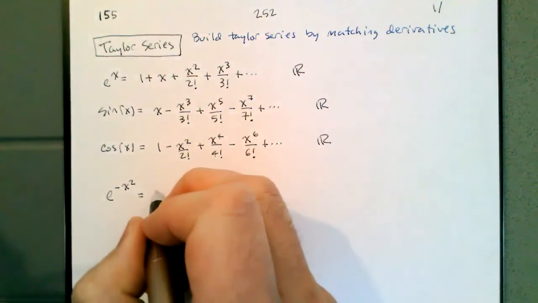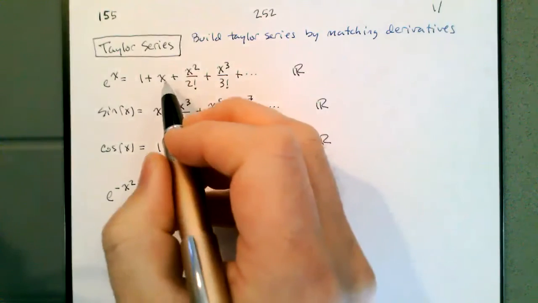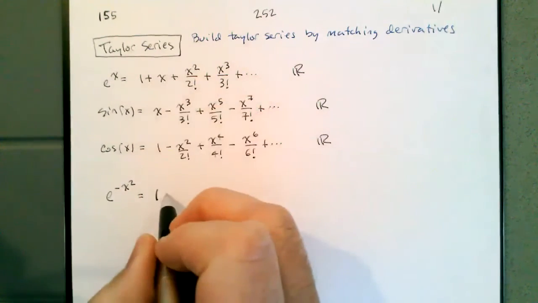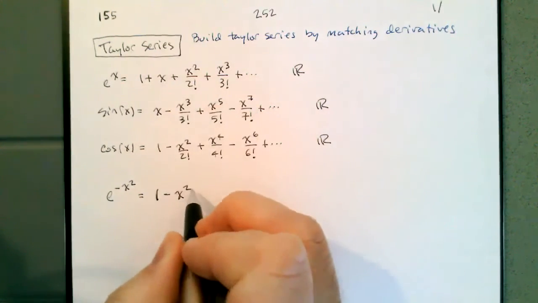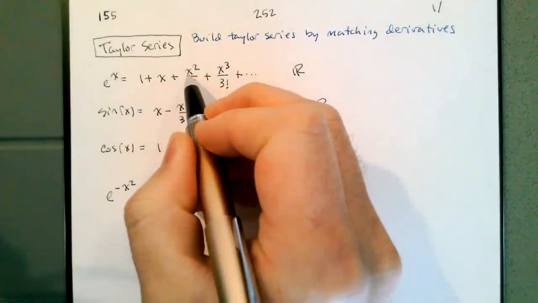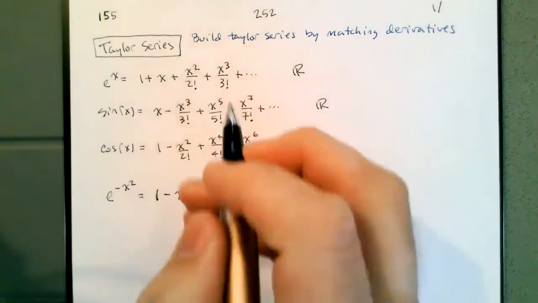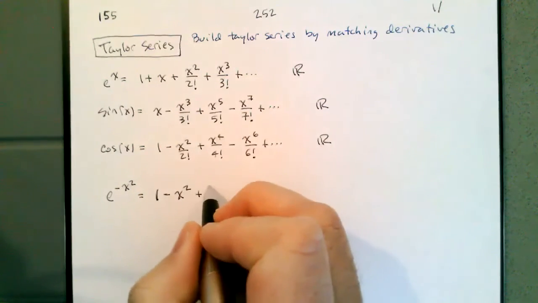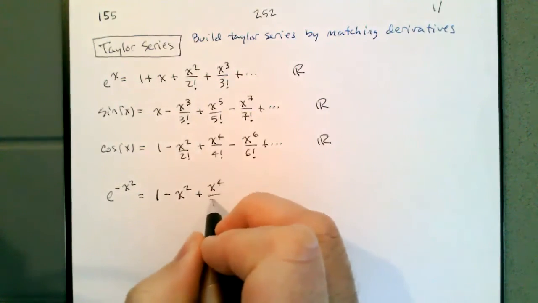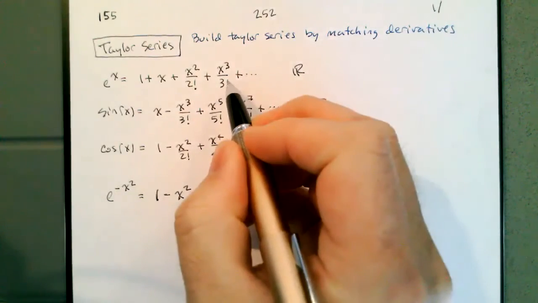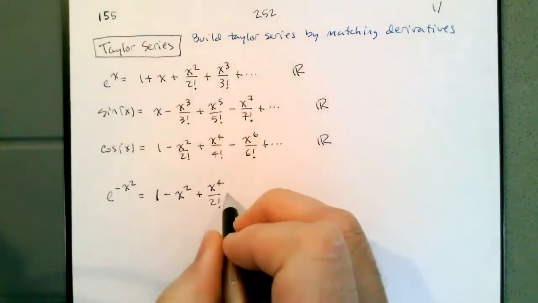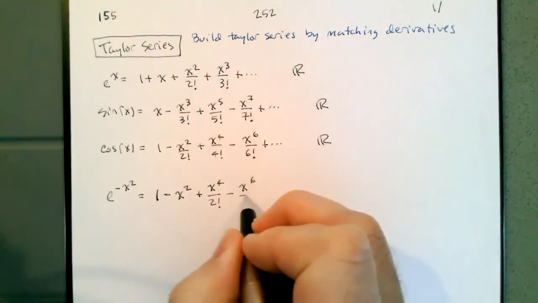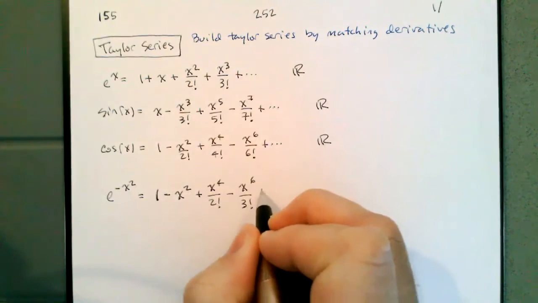So we can just write this as 1, and then I plug in a minus x squared into the x, so it's going to be a minus x squared. And then I put in the negative x squared into the x squared up here, and I'll get a plus x to the 4th over 2 factorial. Then the next one will be minus x to the 6th over 3 factorial, and so on.